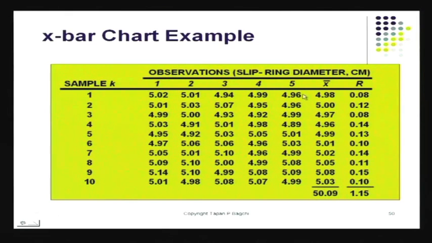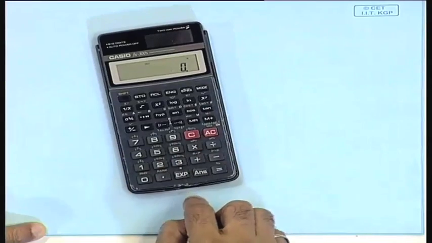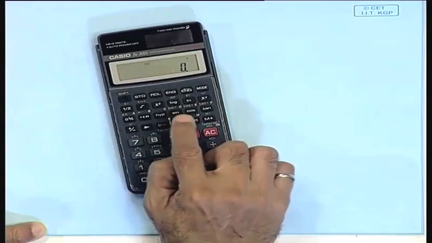Okay, let's write them down. What I could do is go straight to my calculator, which I'm showing on the table here, and we'll just watch my fingers.